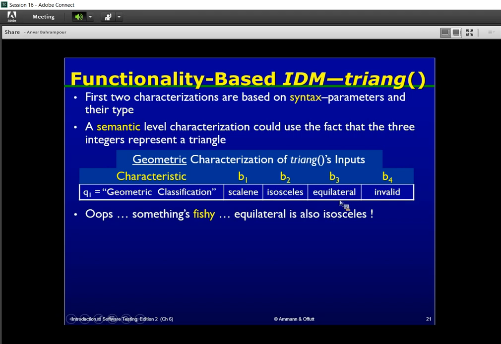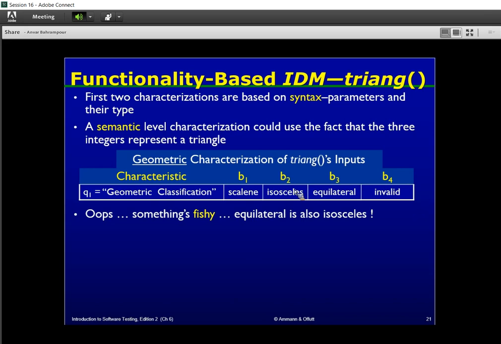So all equilateral triangles are also isosceles triangles. So the disjointness property is not held for these two blocks, and the intersection of these two blocks is not empty.